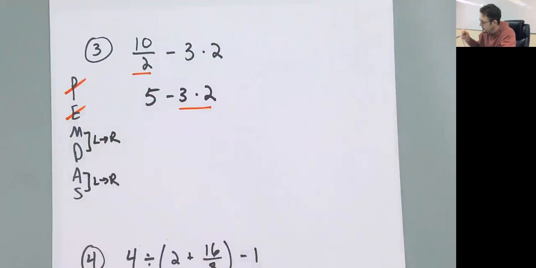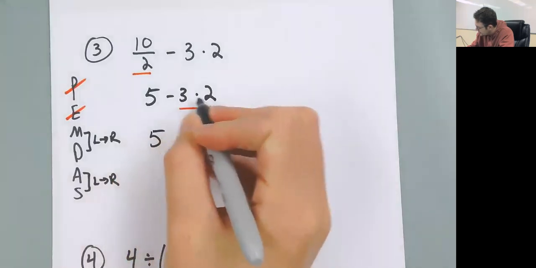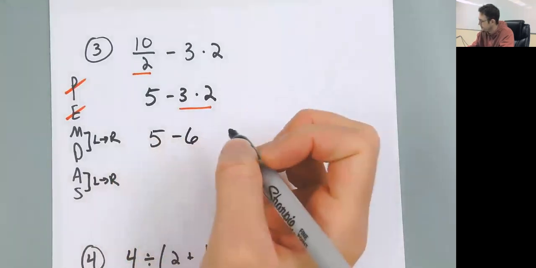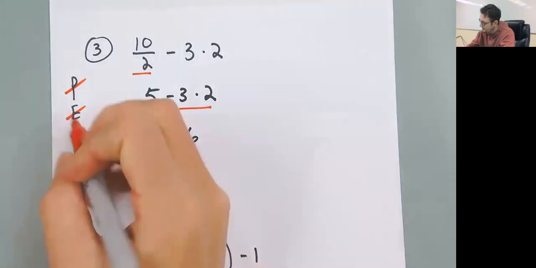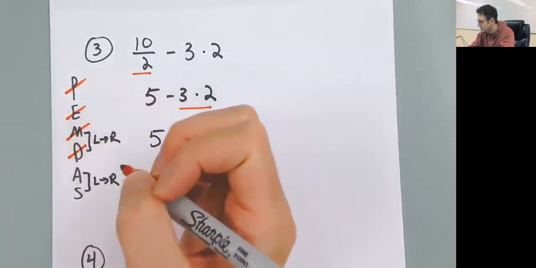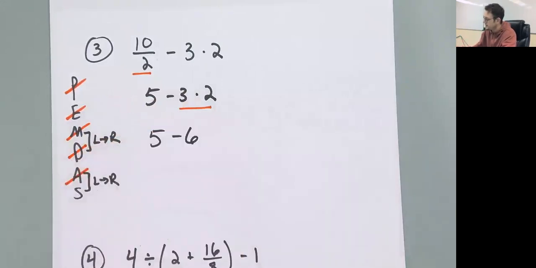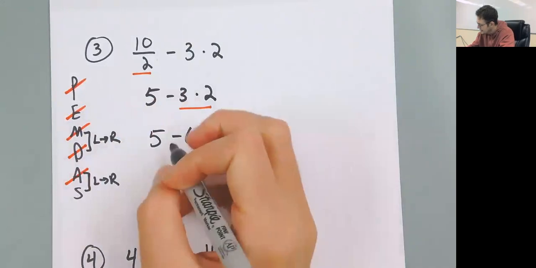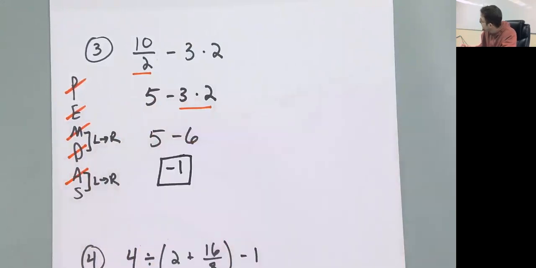So let's do 5 minus 3 times 2 is minus 6. All right, did multiplication. Didn't do division because there isn't any division. There's no addition. Now we have subtraction. 5 minus 6 is minus 1.